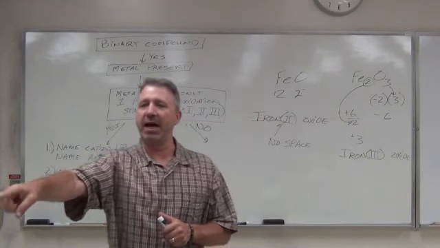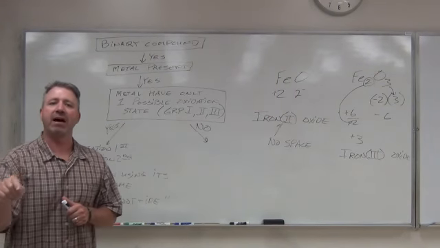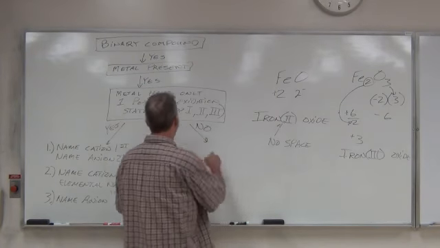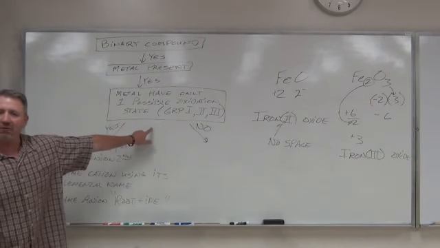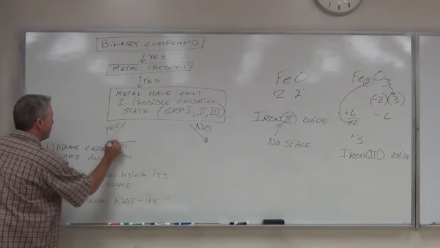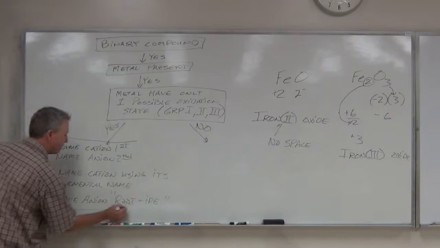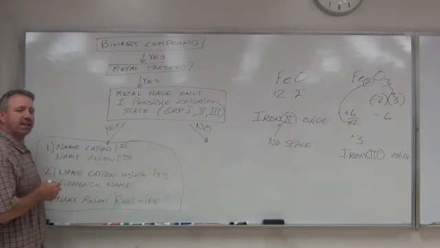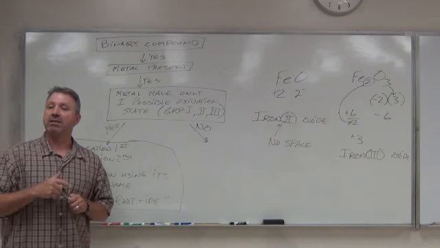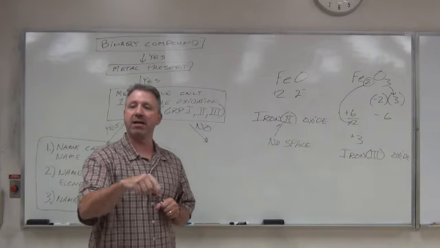If you see any of those elements, you've got to have a Roman numeral in the name. So if we say no, the metal does not have only one possible oxidation state, we're going to follow these same rules, with the exception that we have to put in a Roman numeral to tell what the oxidation state of the metal is.